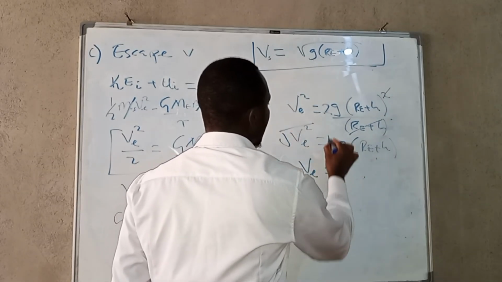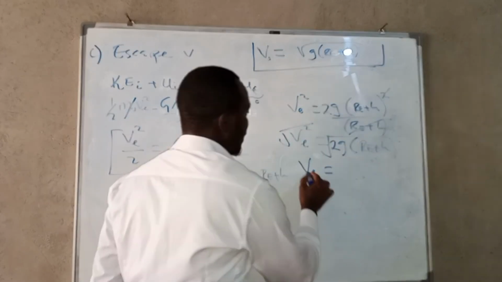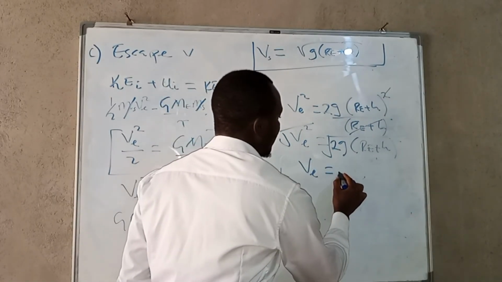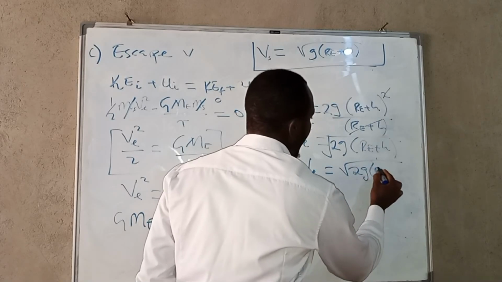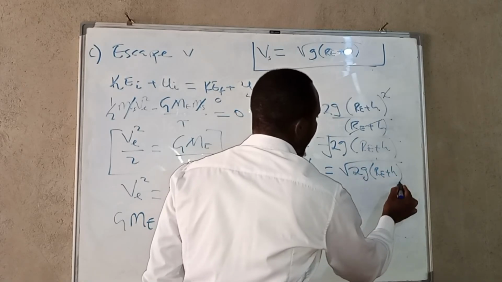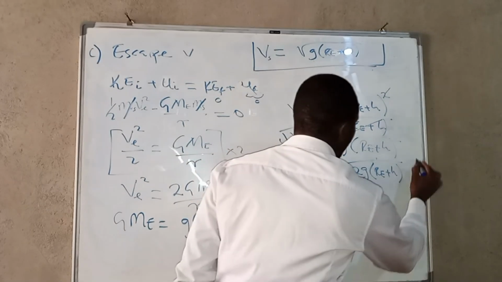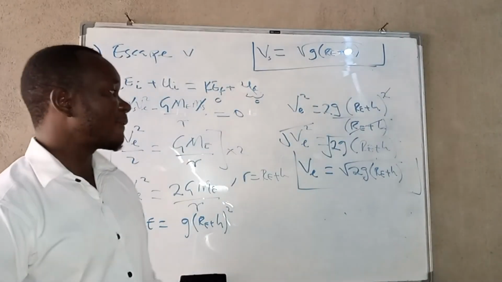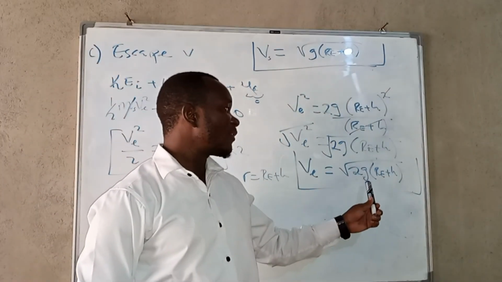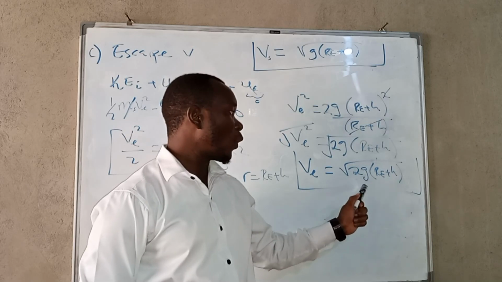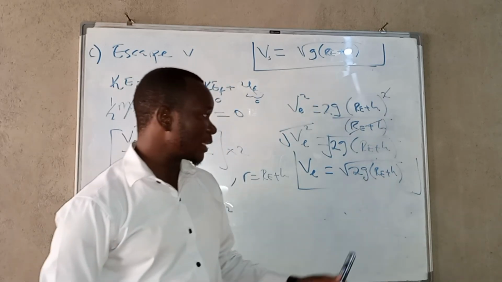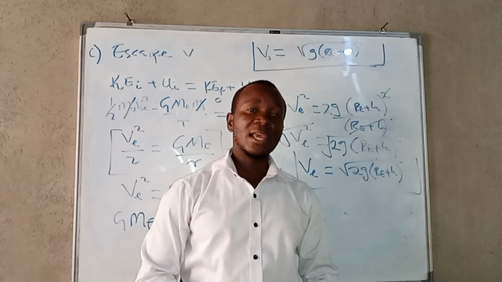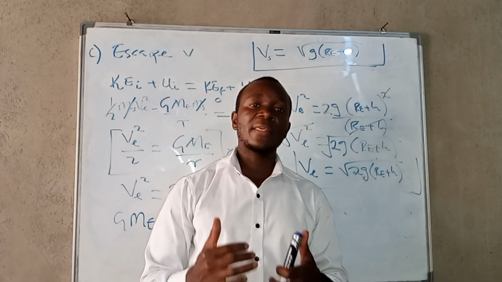If we introduce the square root on both sides, we're going to have V equals the square root of 2g(RE plus H). This is the expression for escape velocity. If you plug in the given values for g, the radius of the earth and the altitude, and punch them on a calculator, what we're going to find is the escape velocity. Thank you so much.